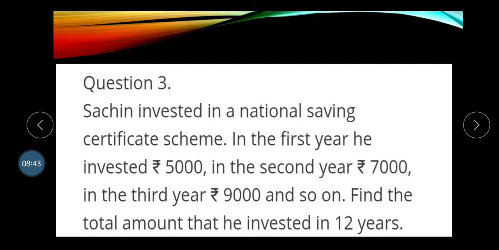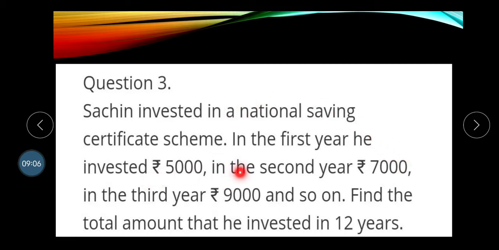So we need to see how much he has invested. So here this 5,000 will become our first term, that is A, that is T1. Sn is what? Principal plus interest. Then secondly, constant increase in the investment per year, that is D. How we will get D?